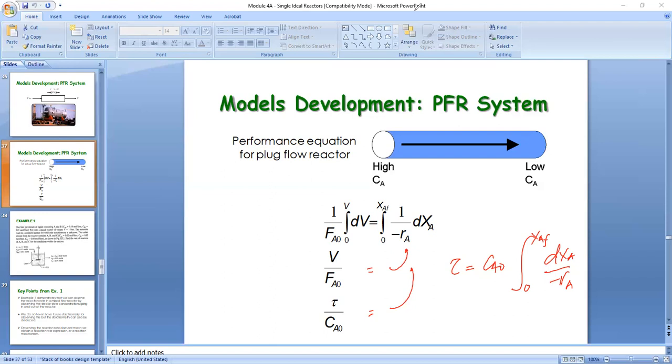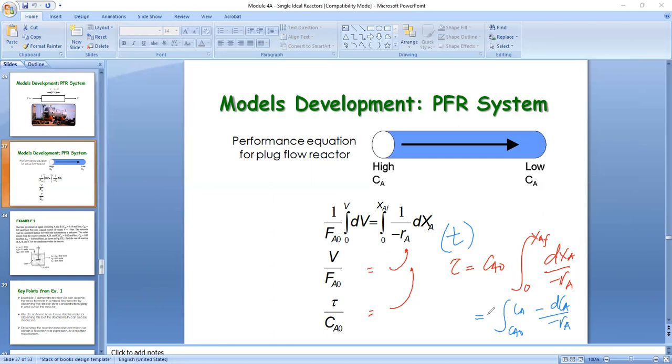In the batch we have this as time, t, but for the PFR, we represent it as the space-time, tau. In the same way, you can write this also as the integral from CAO to CA of negative dCA over the rate. Exactly the same as that of the batch. The only difference is the representation of the time, the time it would take for your reaction to reach this final concentration or this particular conversion.